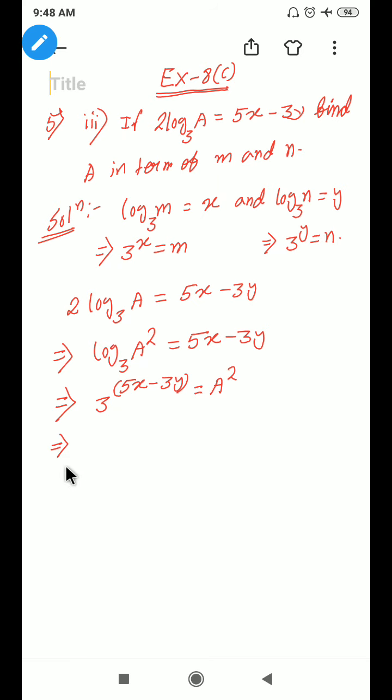So we know that a to the power m minus n is equal to a to the power m divided by a to the power n. So this will be 3 to the power 5x by 3 to the power 3y is equal to a square.